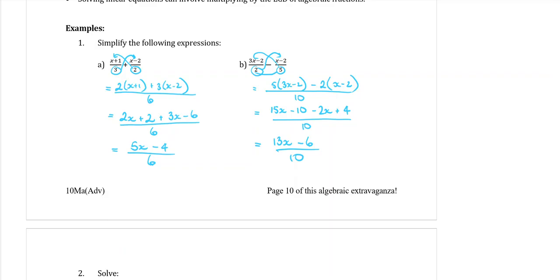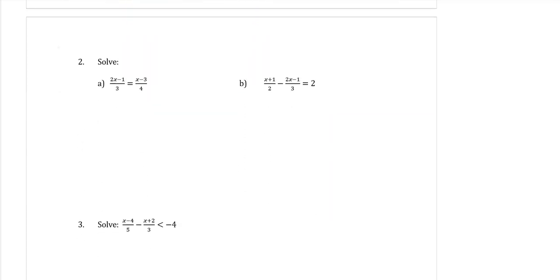Okay, so that's just simplifying fractions, and then you can see in question 2 we now have our equations slipping in. So if it is one fraction on the left and one fraction on the right, we can cross multiply. The 4 multiplies to the top of this, and the 3 multiplies to the top of that. Then the fractions are gone, and we can expand and solve normally.